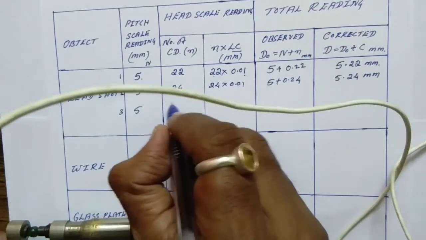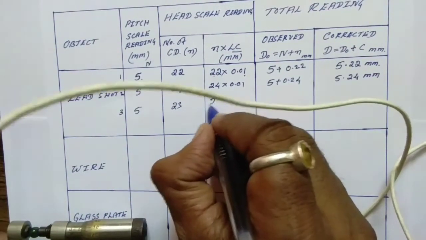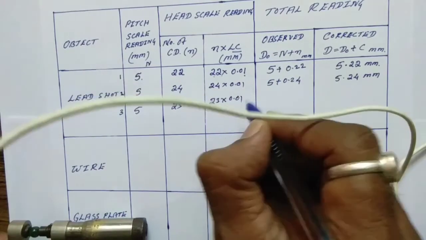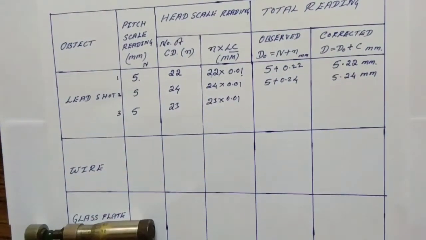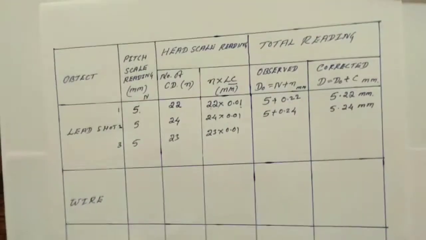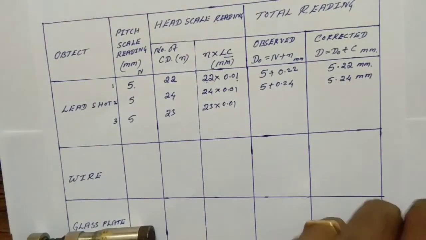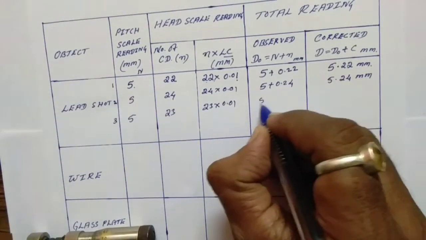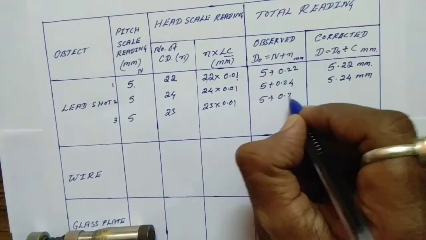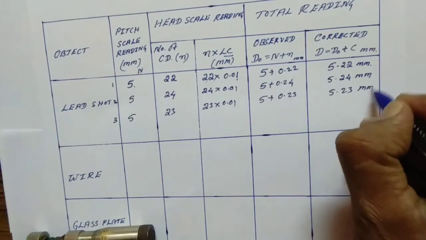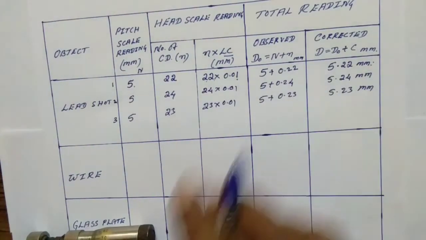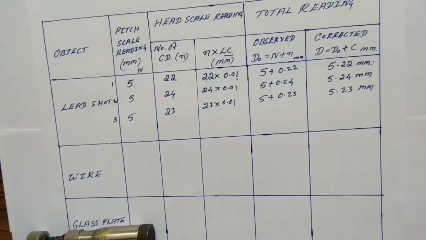So 23 into 0.01, so you will get 5 plus 0.23, therefore 5.23 millimeter. You can convert this into centimeter also. This is the calculation we have.